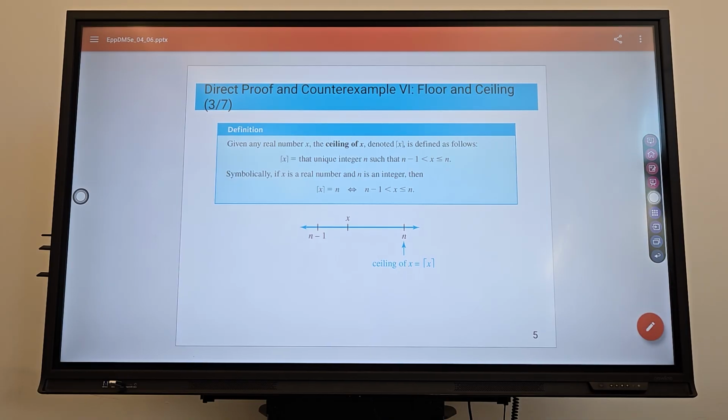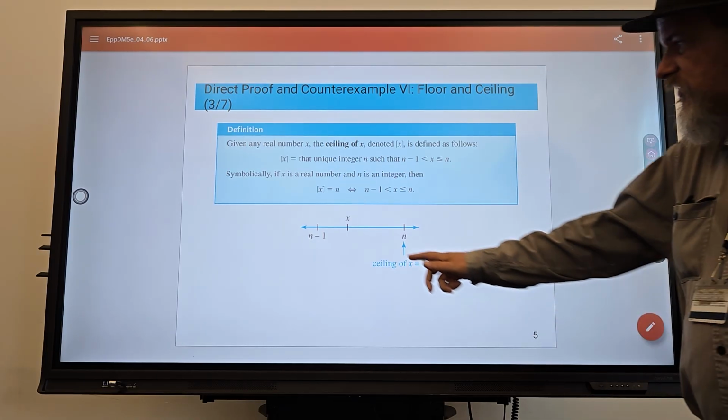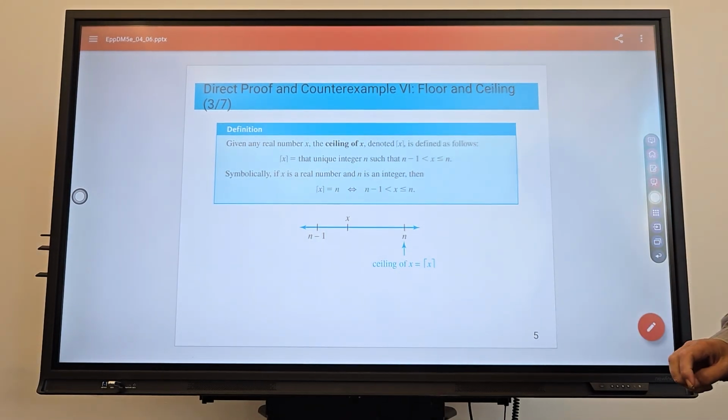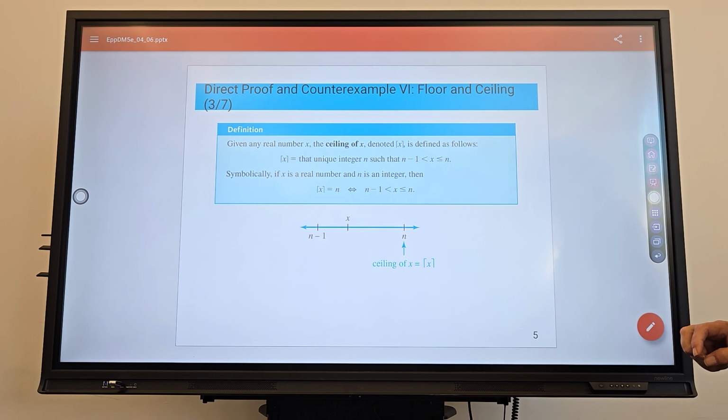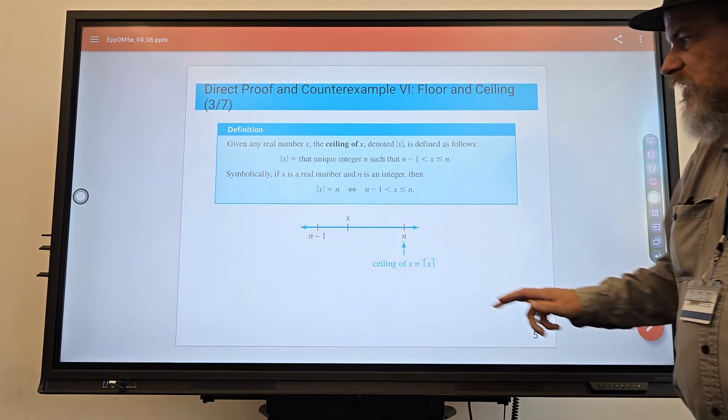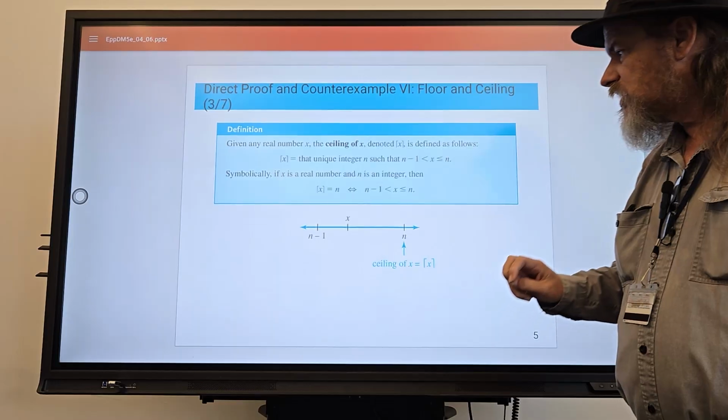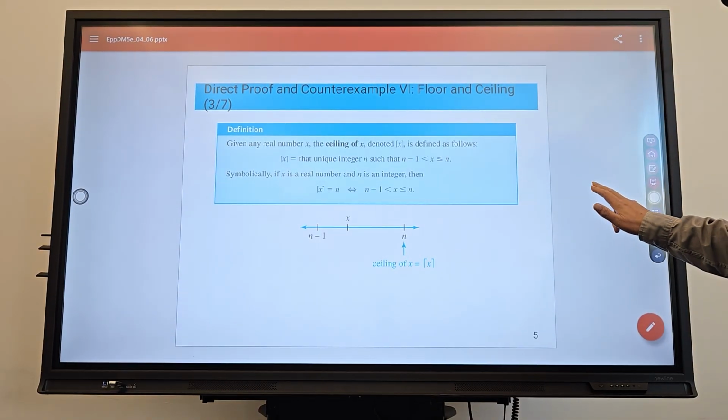So it's the next integer up for a real number, unless the number is an integer.